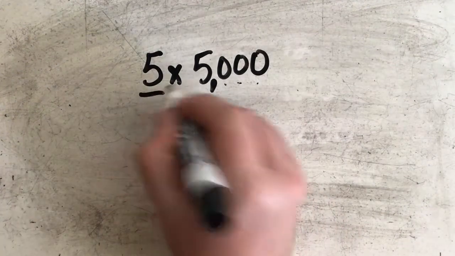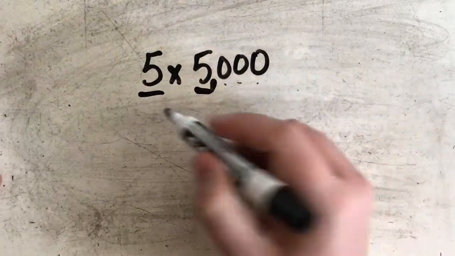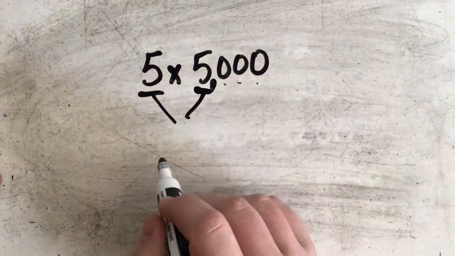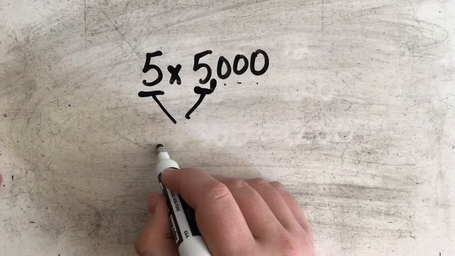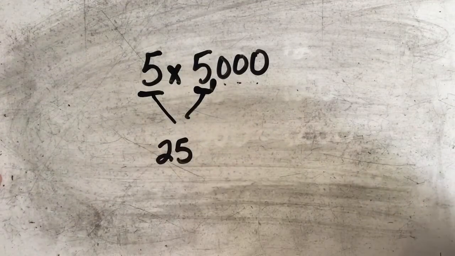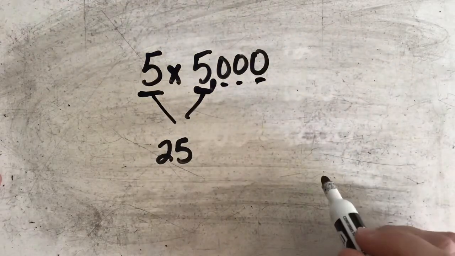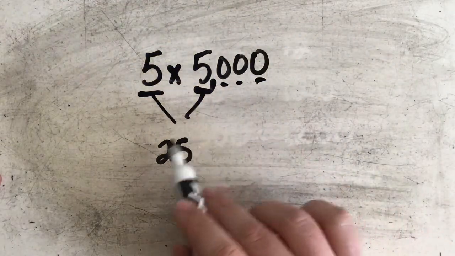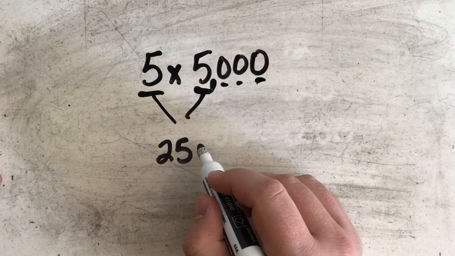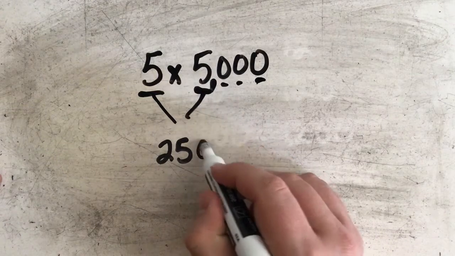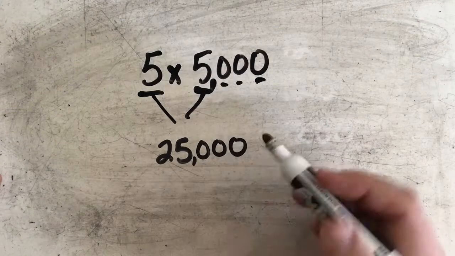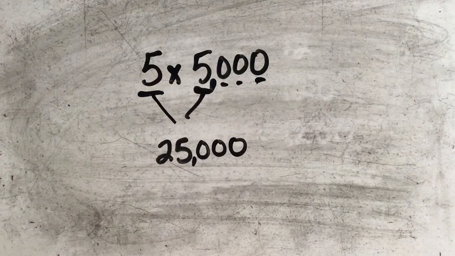All I need to do is pull my basic fact, which in this case is 5 times 5, which we know is 25. And then I just need to go back and add all of my zeros after my basic fact answer. So 3 zeros would give me 25,000.